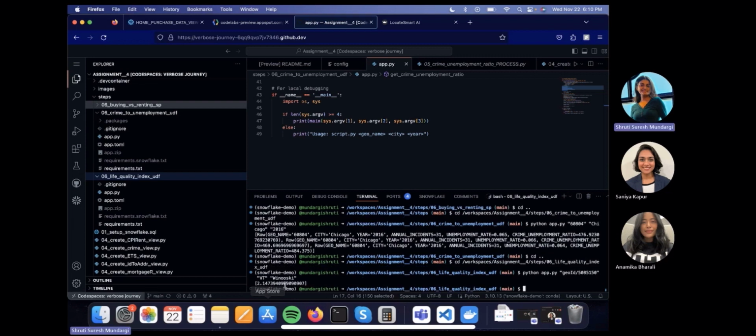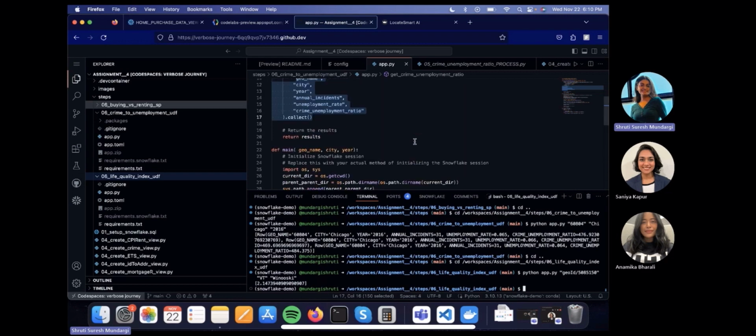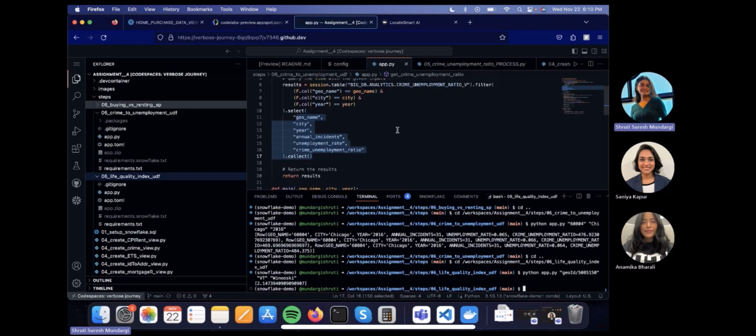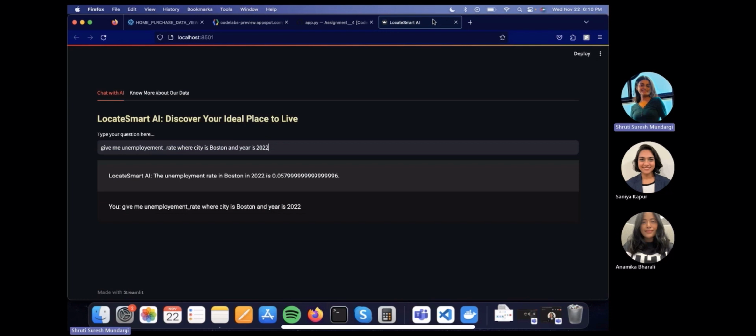And here you can see that we have our life quality index printed. So this is just like a Python local version of how our functions actually work in the Locate Smart AI. And here this is our UI.